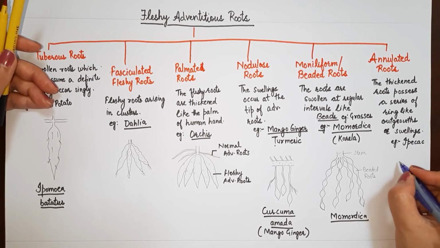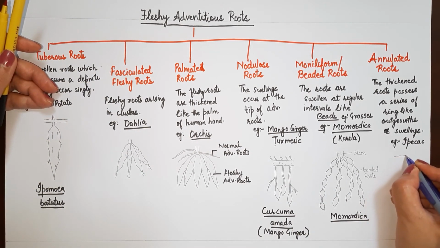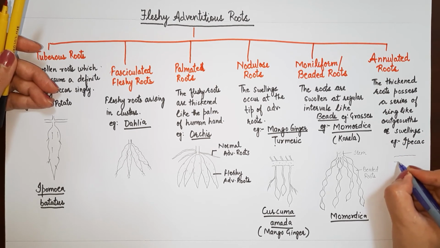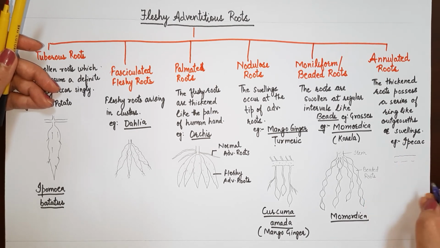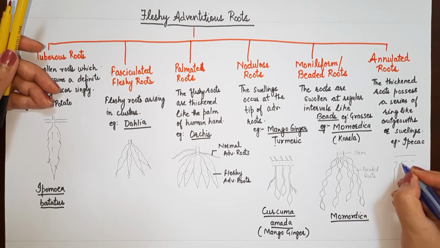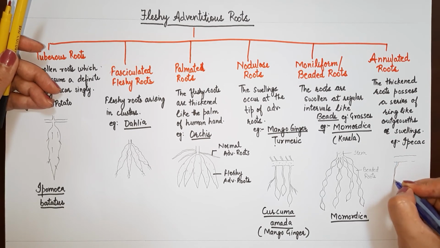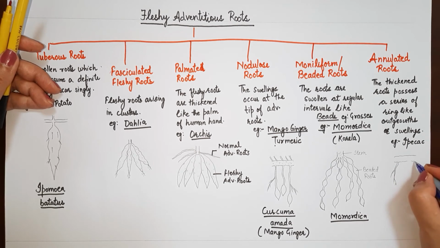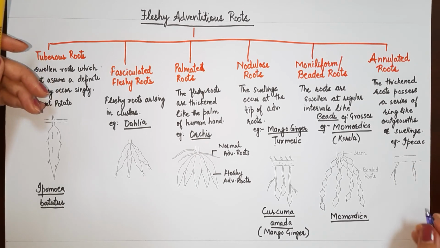So how we will draw the annulated roots? This is the stem portion. From stem, few adventitious roots arise. Okay.